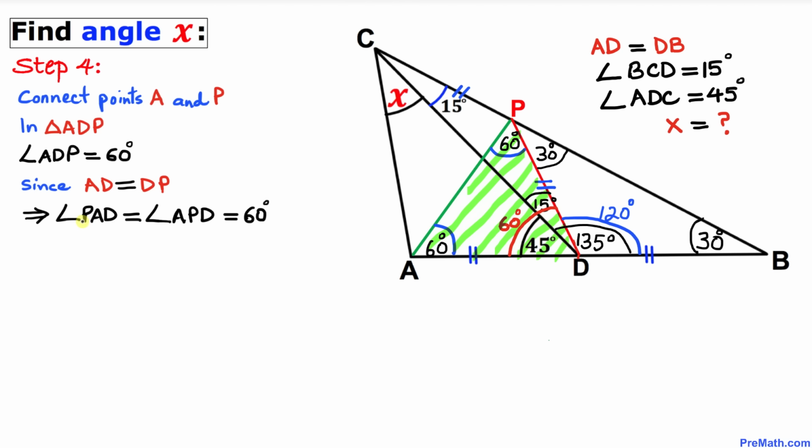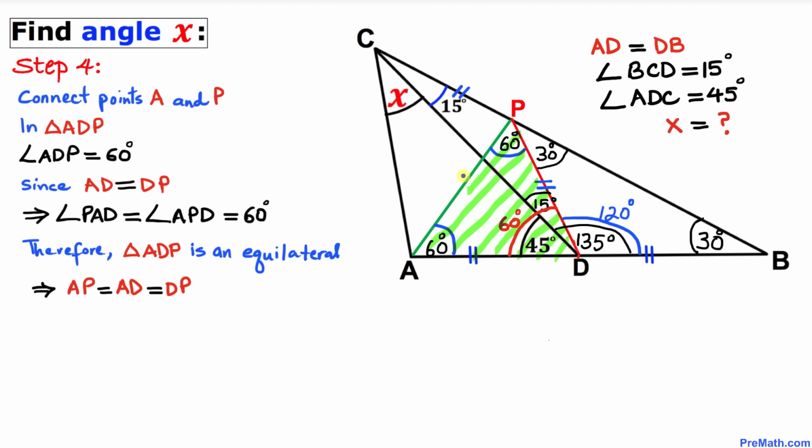So therefore, this angle PAD equals this angle APD, and this angle is 60 degrees as well. So we conclude that this triangle ADP is an equilateral triangle. Therefore, this side length AP equals this side length AD, which is equal to this side length DP.